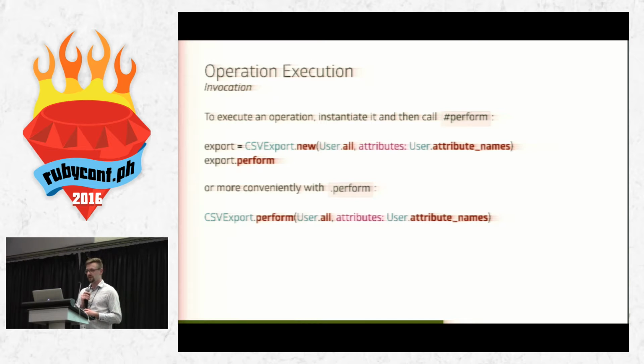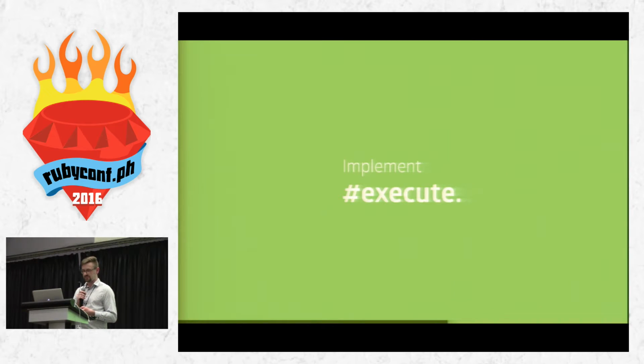There's two ways of invoking operations. You can either manually instantiate the operation by calling the constructor and then invoking the instance method perform, or more conveniently, you use the class method perform. But there's differences between these two invocations. Before I go into the differences, you might have noticed you implement execute, but you call perform.